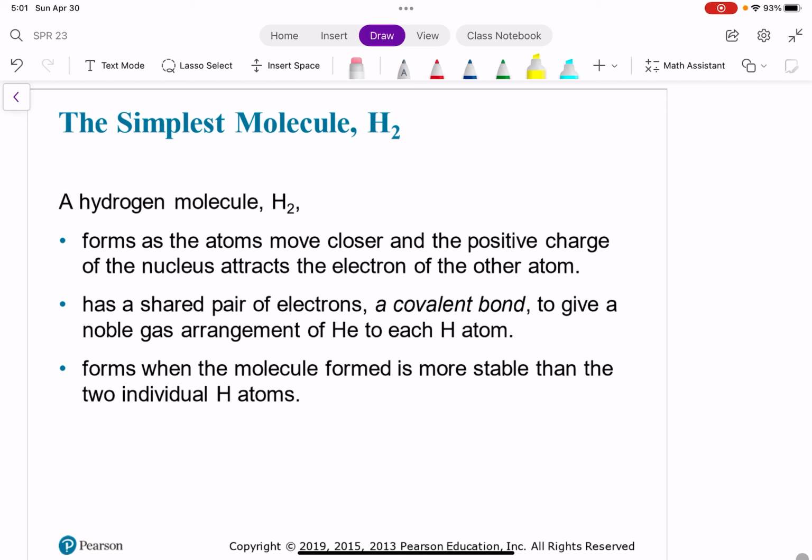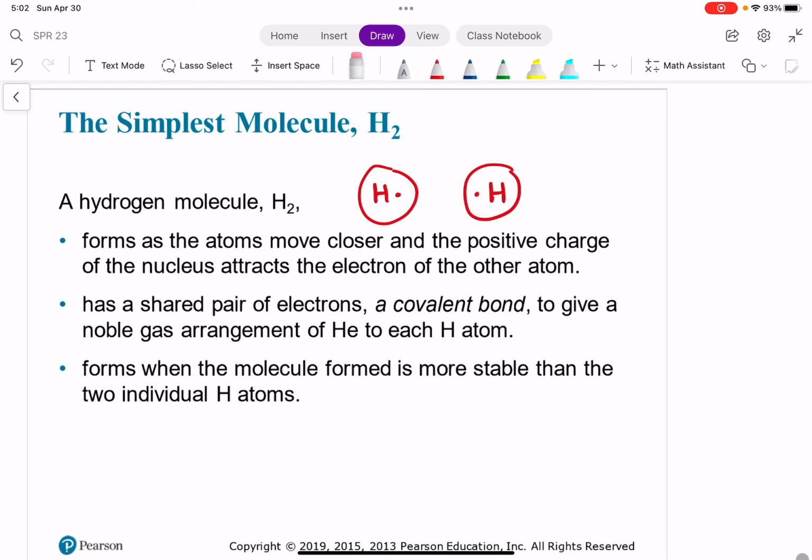But starting with hydrogen, a hydrogen molecule, H2, forms as the atoms move closer together and the positive charge of the nucleus of one of those hydrogens attracts the electron of the other hydrogen. So remember, hydrogen's in group 1A, right? So it has 1 valence electron. And as these hydrogen atoms move closer together, they actually end up being able to share these 2 electrons.